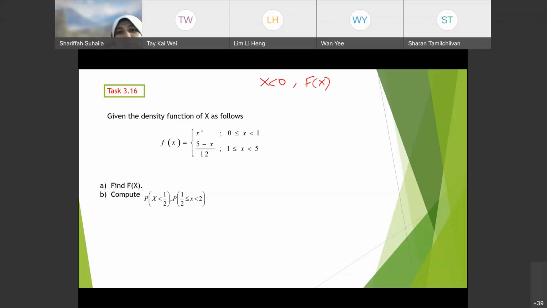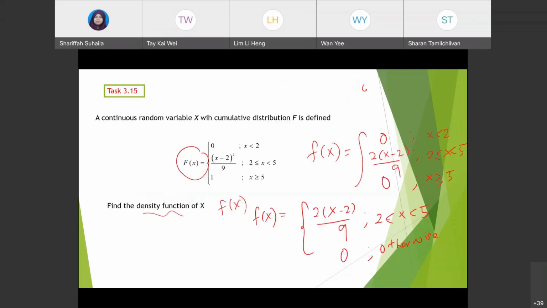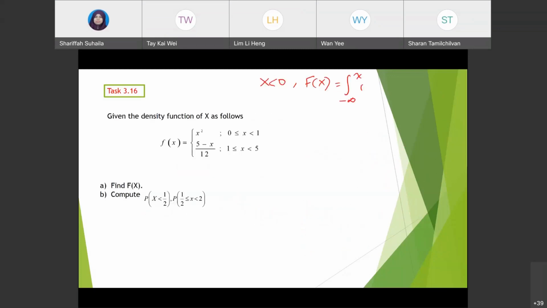Again, we will have the integral from minus infinity up to x of 0 dt. So this one is 0.